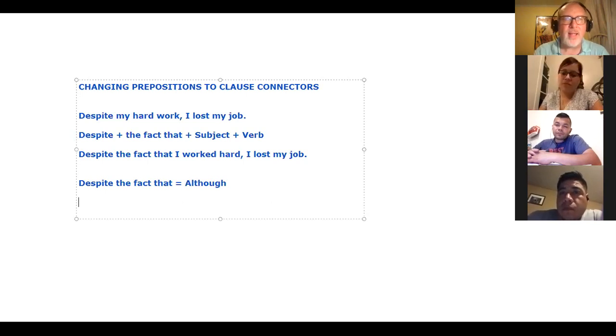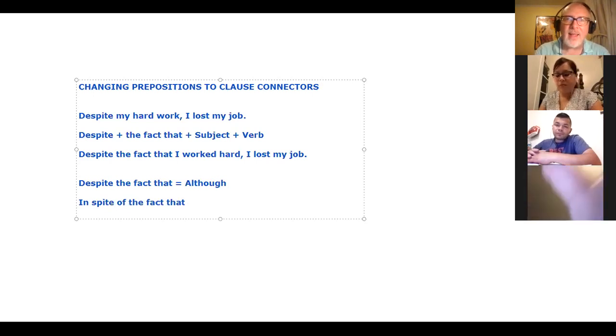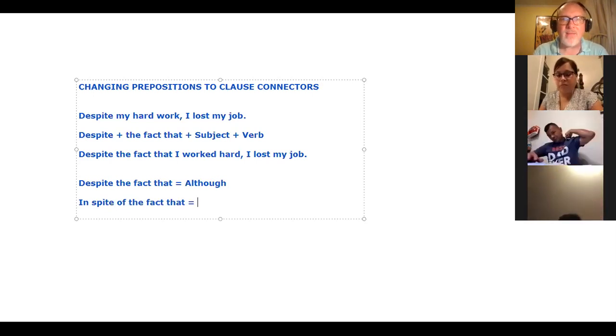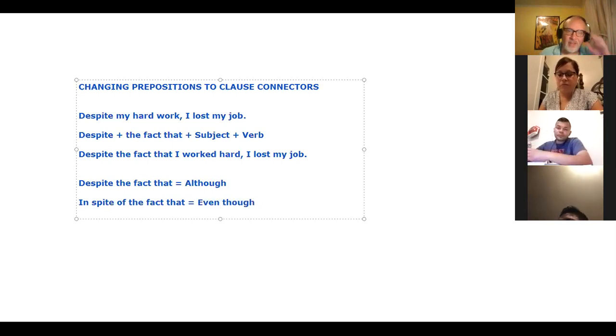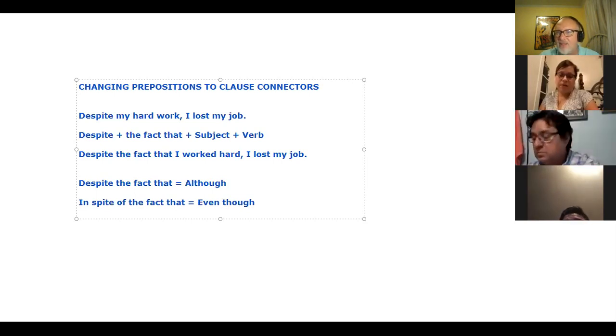Or in spite of the fact that equals even though. So when I say the fact that, I can use a clause, a subject and a verb. And this is pretty common in English too, to say the fact that.